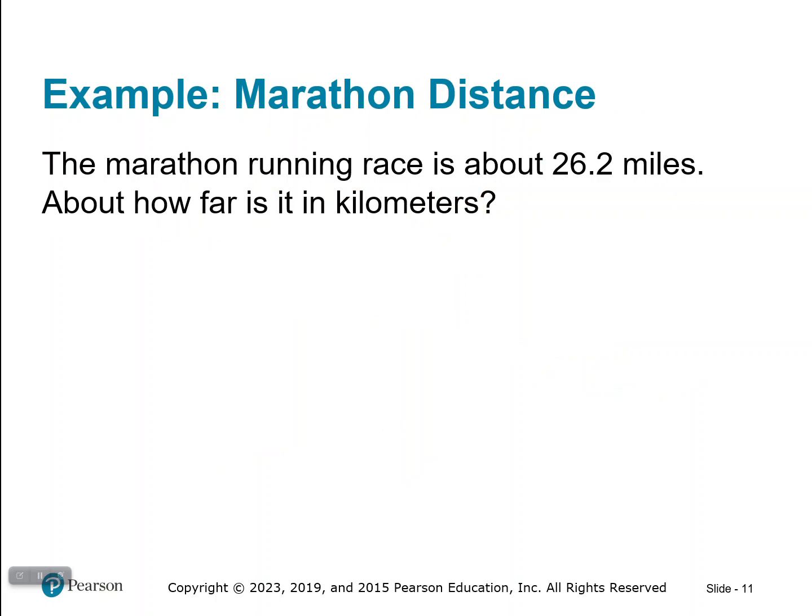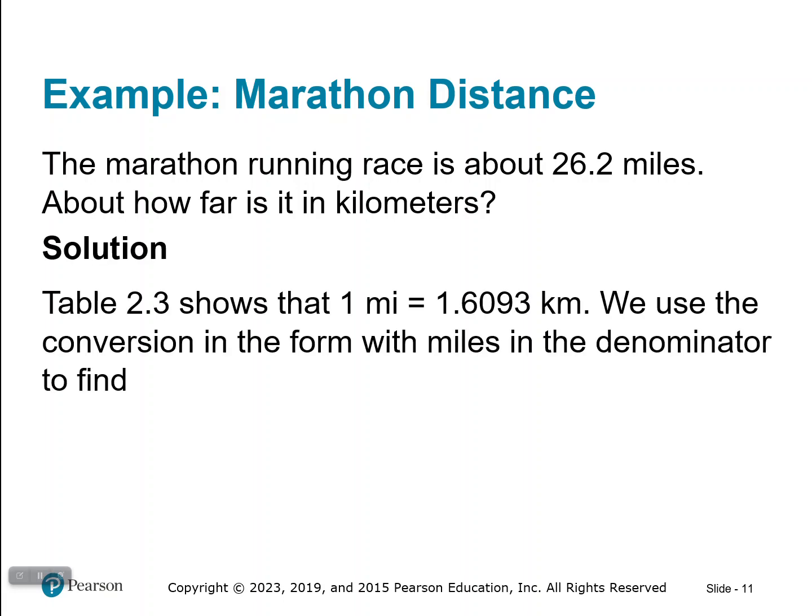The marathon running race is about 26.2 miles. About how far is it in kilometers? We have a table. It's table 2b.3. I don't know why it's not labeled correctly. 2b.3 shows that 1 mile is equal to 1.6093 kilometers.